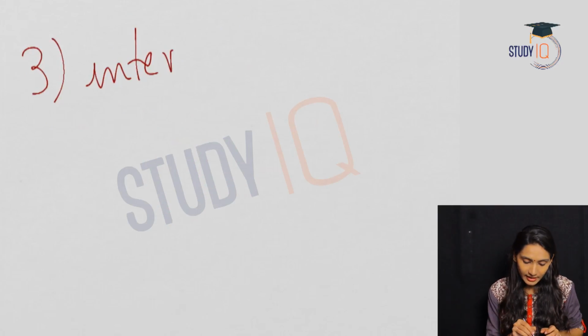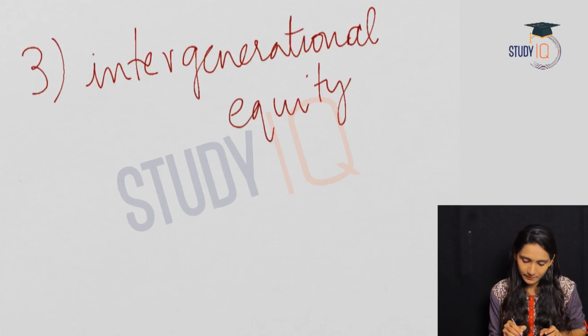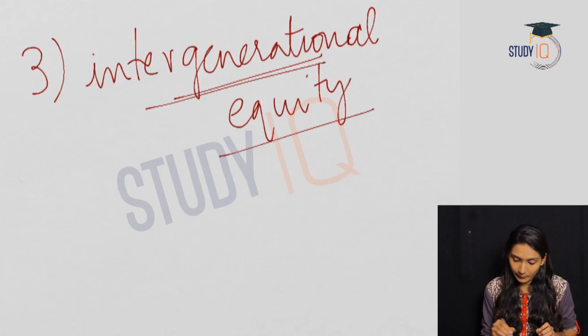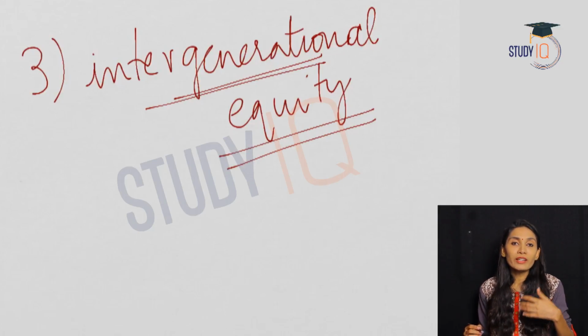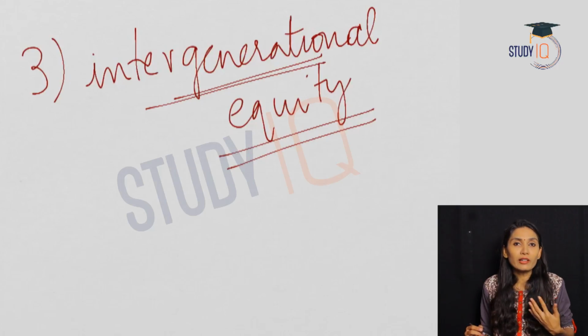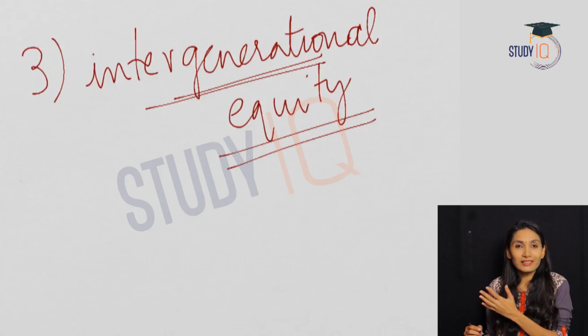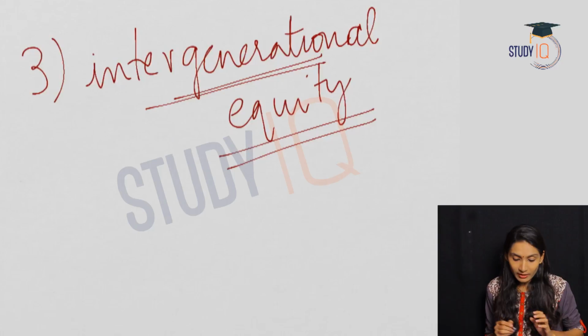The third pillar is intergenerational equity. So what is meant by intergenerational equity? This is a concept which says that human beings hold the natural resources not only for themselves but also with other human beings or other organisms living in the world, for the present as well as for the future.